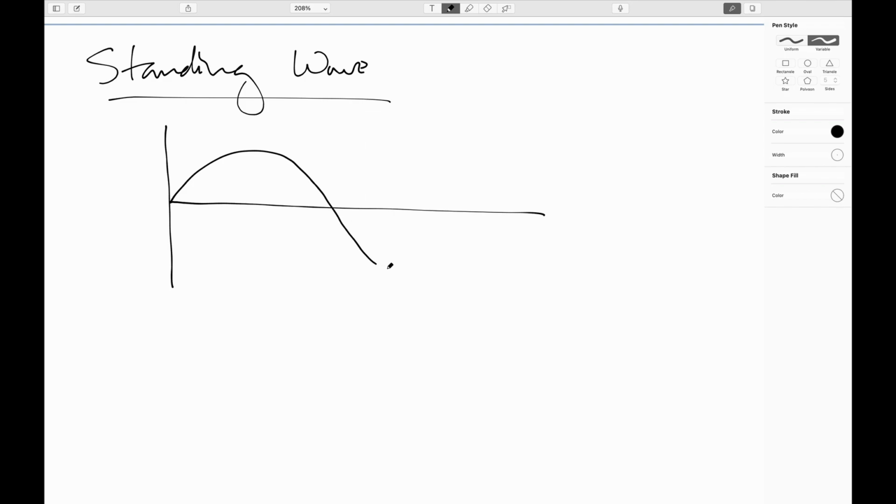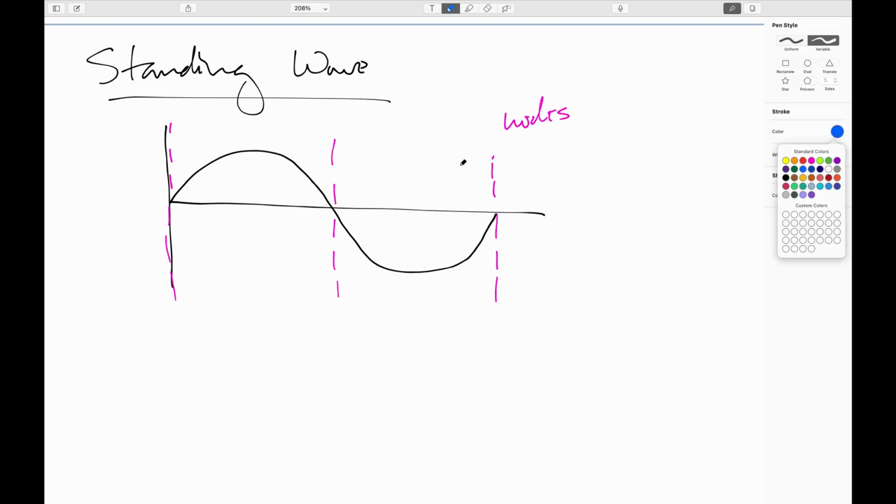And that was because the string was clamped down at both ends. And then there might have been some other spots in between that didn't particularly move. Any point where the string doesn't move with time we call a node. And then you also saw spots where the string maximally moved up and down. Those points get called antinodes.